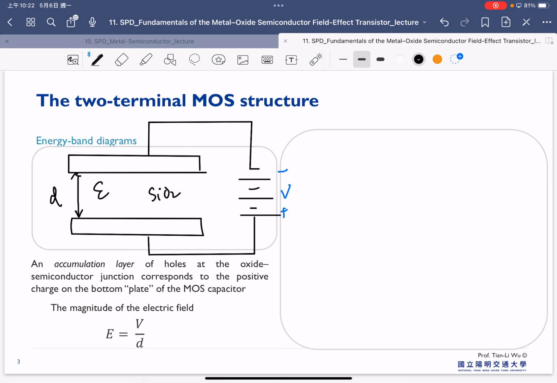So that means this is a positive bias and this is a negative bias here.